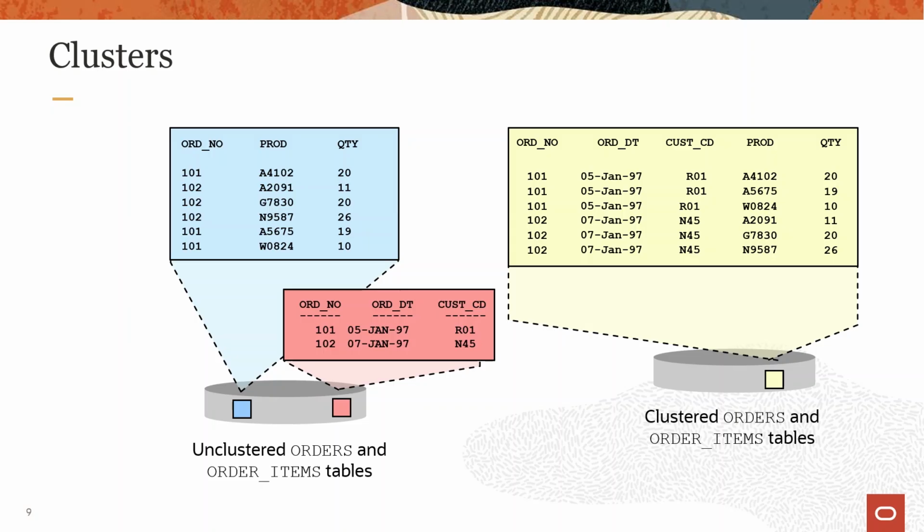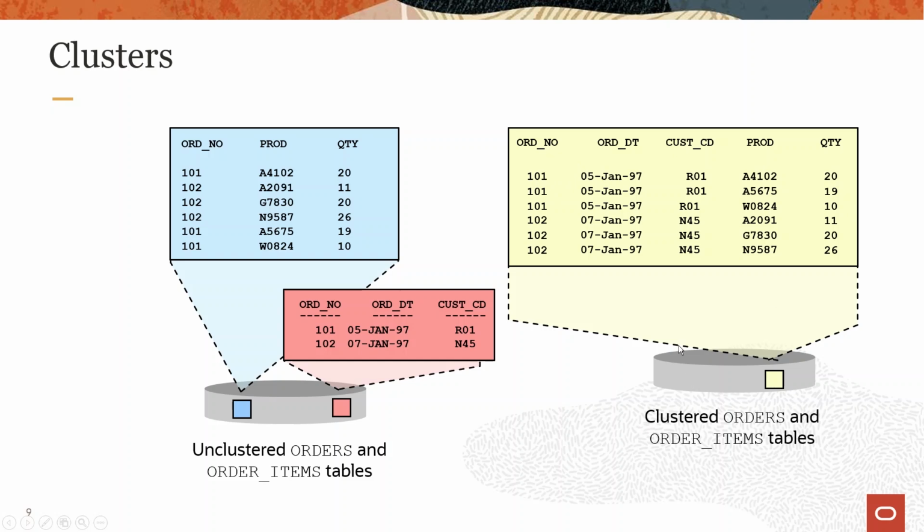And the thing is now, because data that logically belongs together is being stored physically together, if queries are going to be executed and you want to find out, can you show me order 101 and all of its order items, I do not have to scan two different tables to obtain the result.